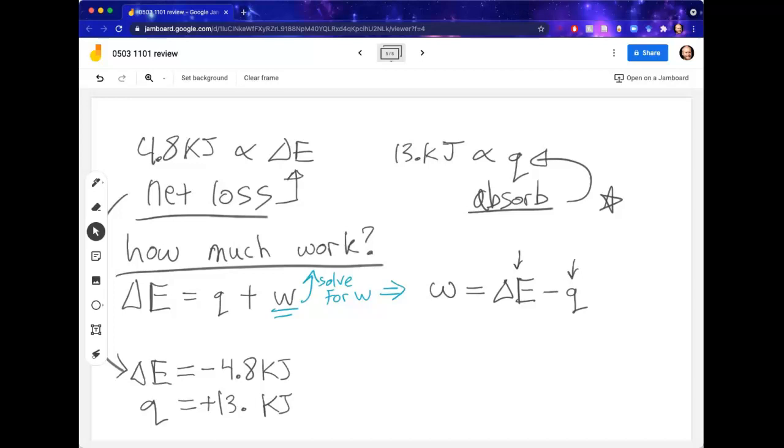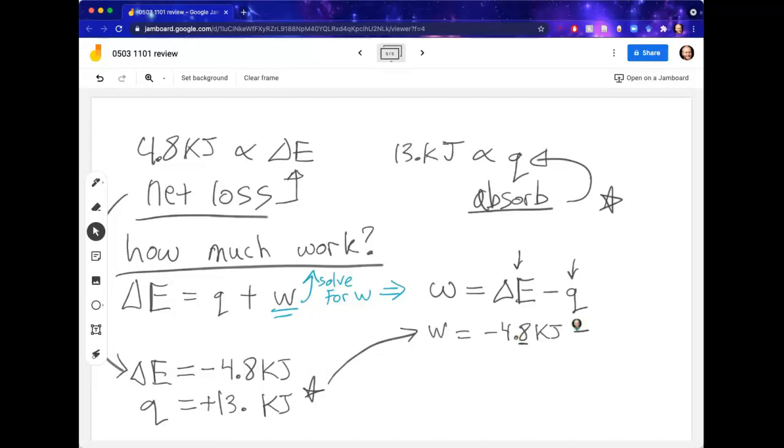And with both of these pieces, now we can run over to that final equation and get a value for W. So let's plug in the two values. We've got minus 4.8 kilojoules. And keep in mind that the decimal places are what matters for subtraction.